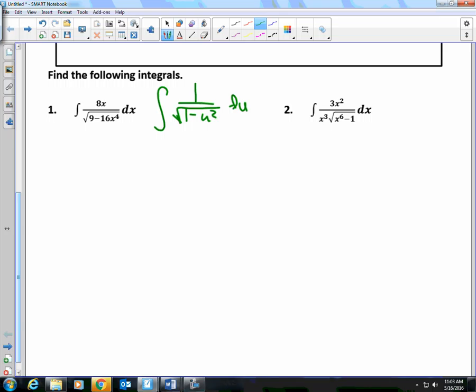That's what I want. In order to create that, I need to get a 1. Right now, instead of a 1, what do I have? I have an 8x. That I can work with. It's this 1 right here that I'm really concerned about, the 1 underneath the square root. I have a 9 instead. Any idea of what I can do to get rid of that?